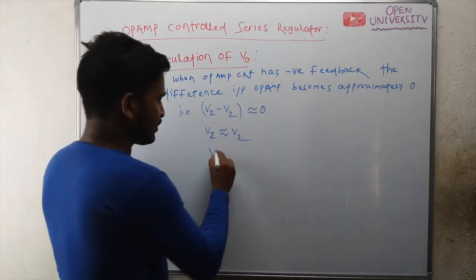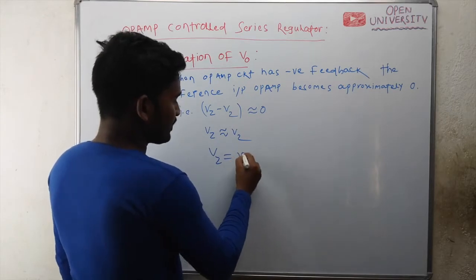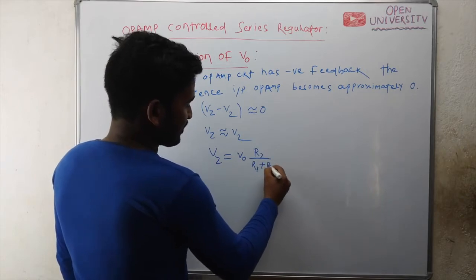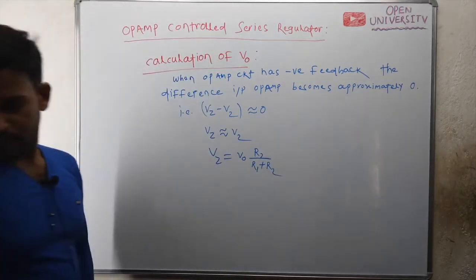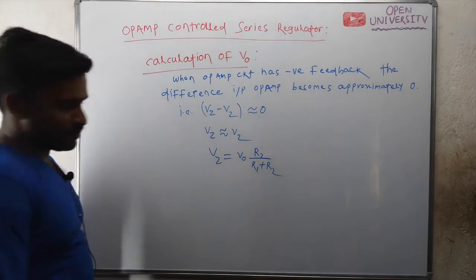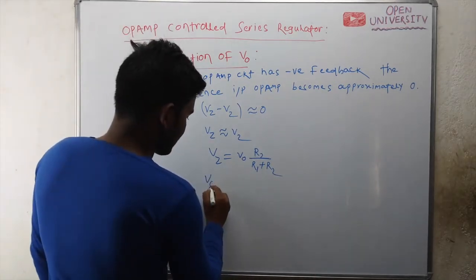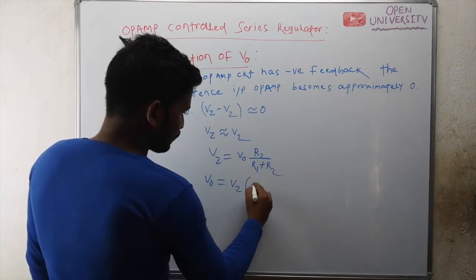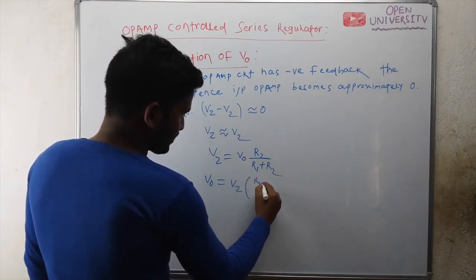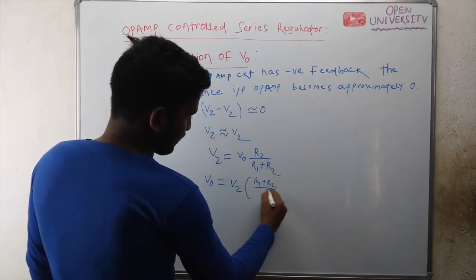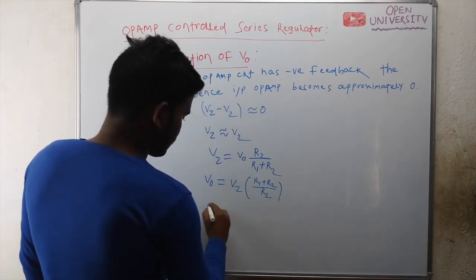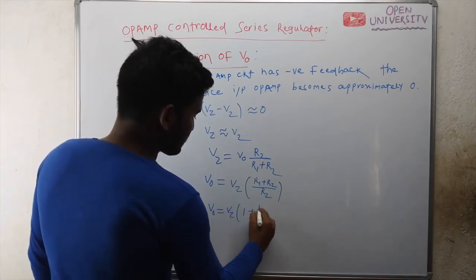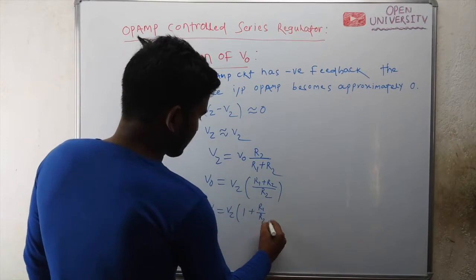Vz equals V2, and V2 equals V naught into R2 divided by R1 plus R2. From this you can get the output voltage V naught equal to Vz into (R1 plus R2) divided by R2, which will be V naught equal to Vz into 1 plus R1 by R2.